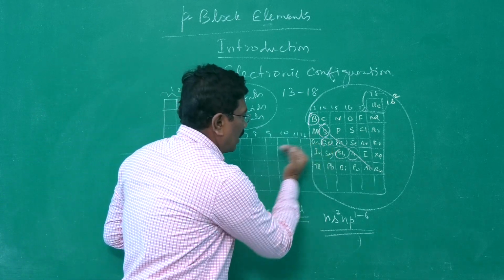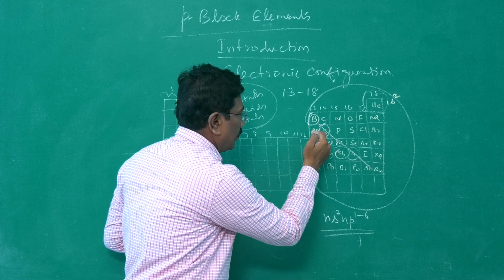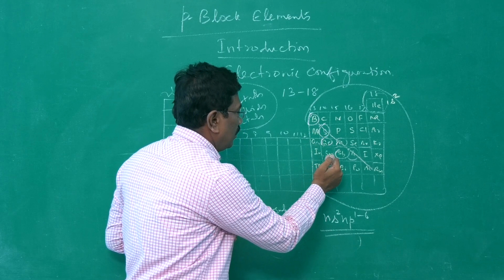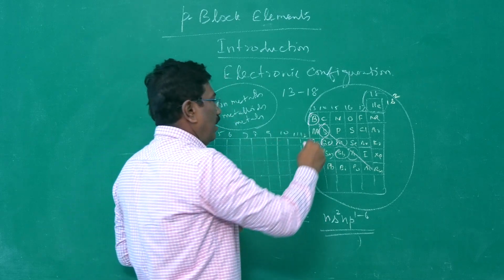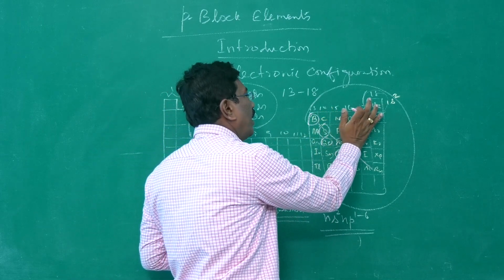And these elements are considered metals: aluminum, gallium, indium, tin, thallium, lead, bismuth. After this diagonal line, we find mostly non-metals.